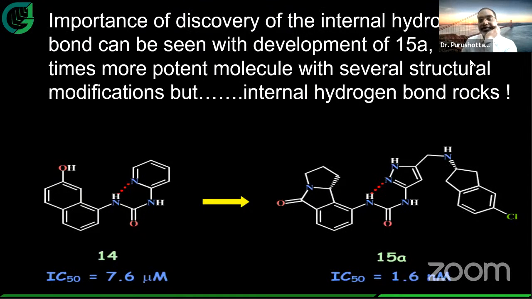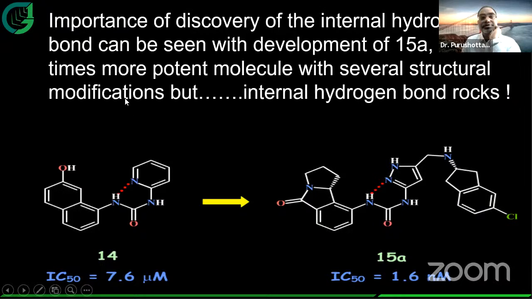And the final compound looks like 15A, which is having 1.6 nanomolar. Now this is 1,000 times more potent than our earlier compound. If you have seen the earlier slide, that compound with the phenyl ring was having 120 micromolar. So this is the importance of maintaining the geometry in structure-based drug design.